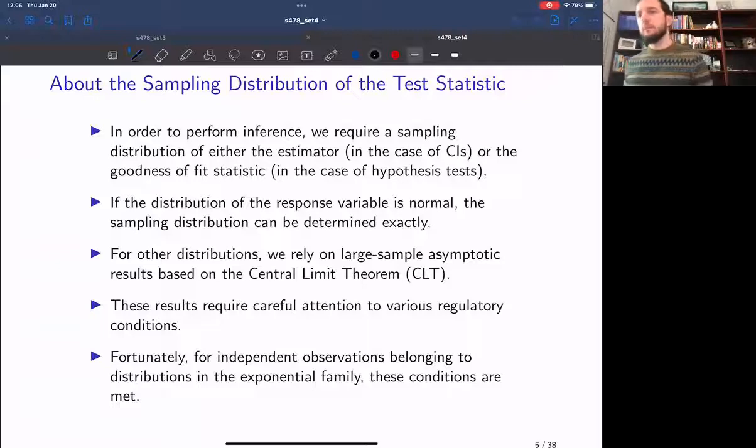Similarly, if we're running a hypothesis test about a population mean, our measure of evidence or goodness of fit would be the test statistic. We need to know the sampling distribution of that test statistic in order to conduct inference about the population mean.